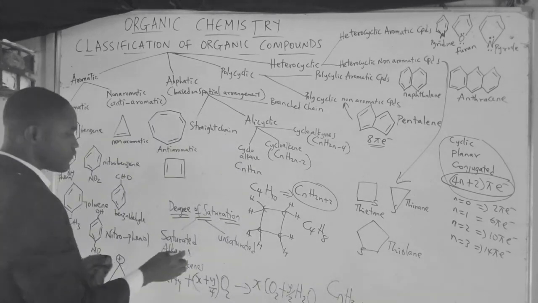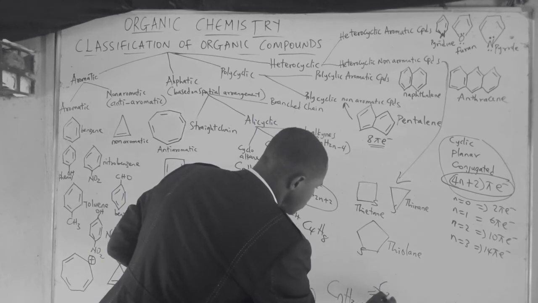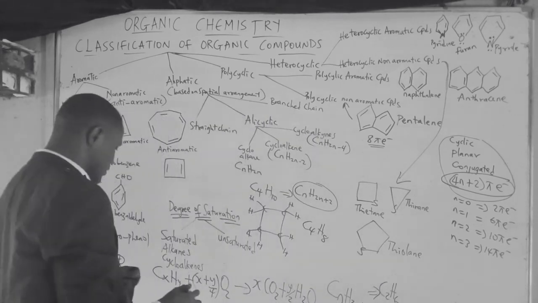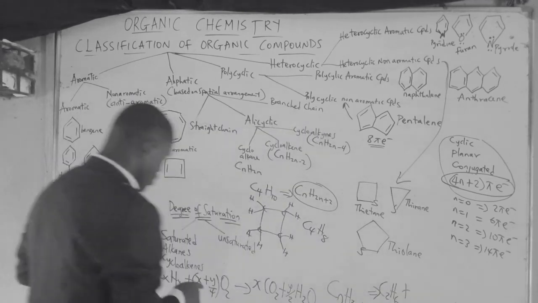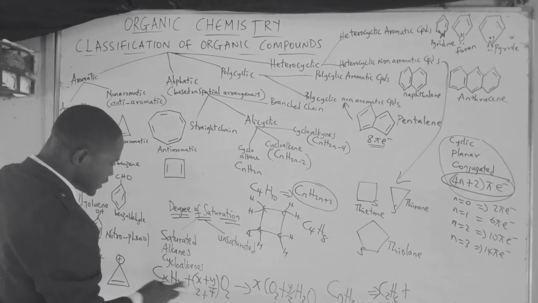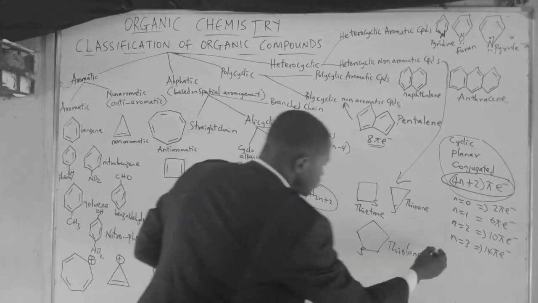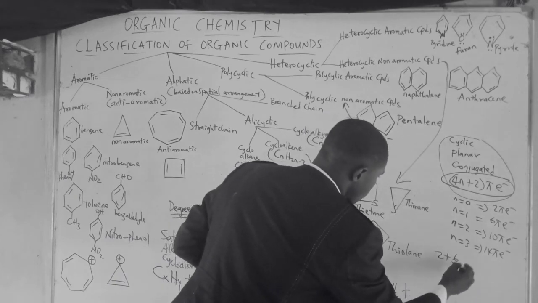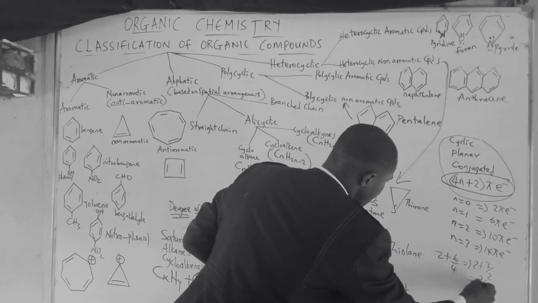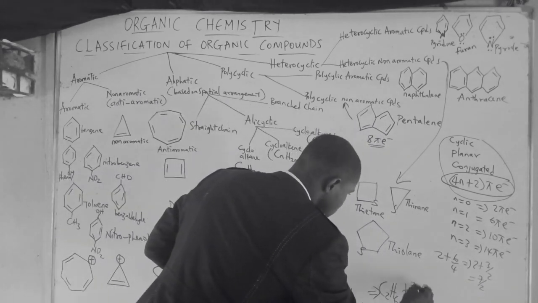So if you have C2H6, x is 2 and y is 6, so you say 2 plus 6 over 4. 6 over 4 is 3 over 2, so 2 plus 3 over 2 will be 7 over 2. So it will give us 7 over 2 oxygen.